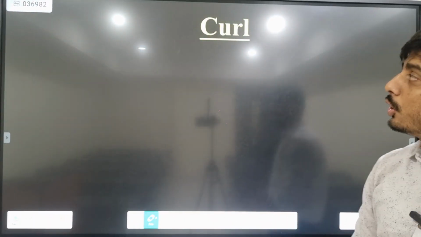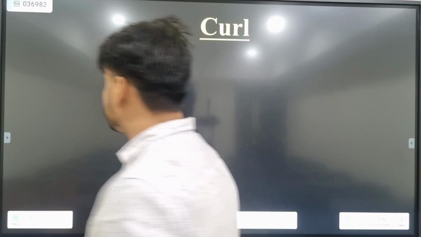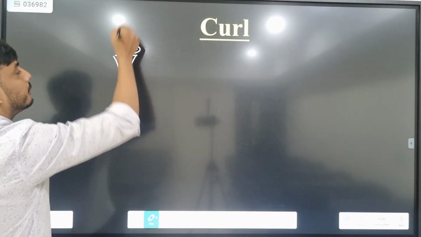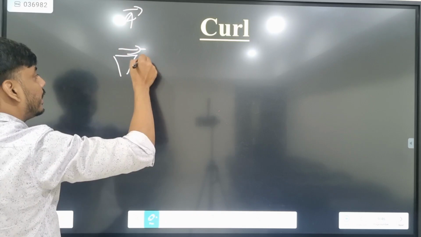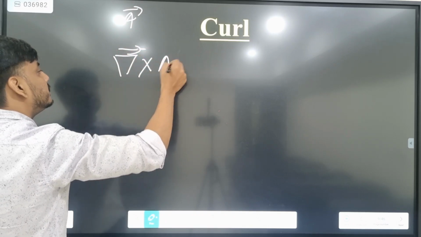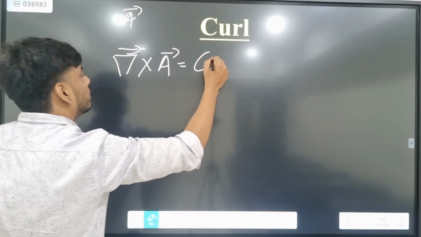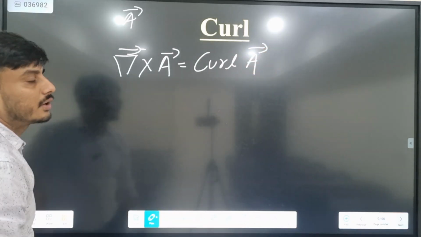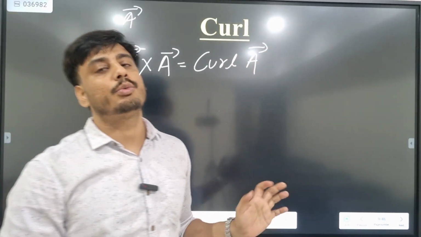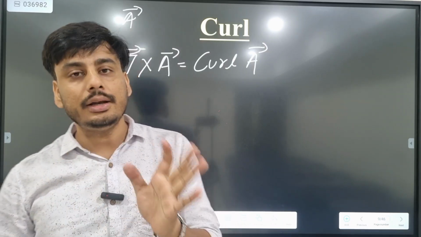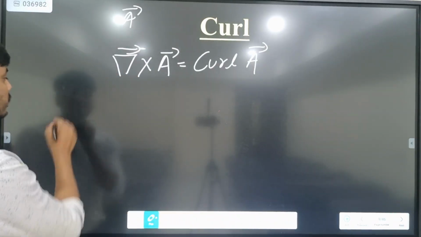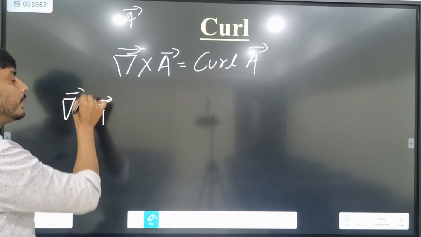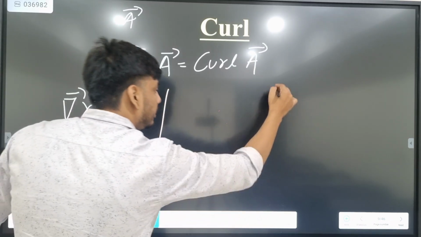Curl is nothing but the cross product of the del operator. If A is a vector quantity and we calculate the cross product of del with A, this is said to be the curl of A. Cross product of the del operator with any vector quantity is said to be curl. Clear? Now we are going to find out the cross product. So del cross A. You remember that determinant formula?